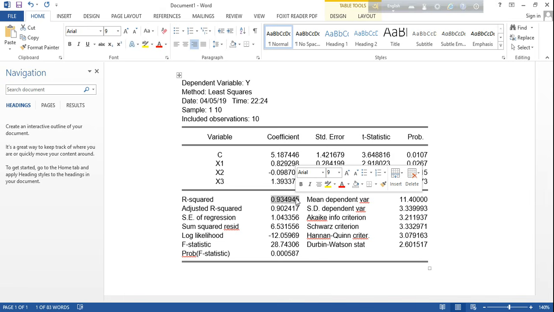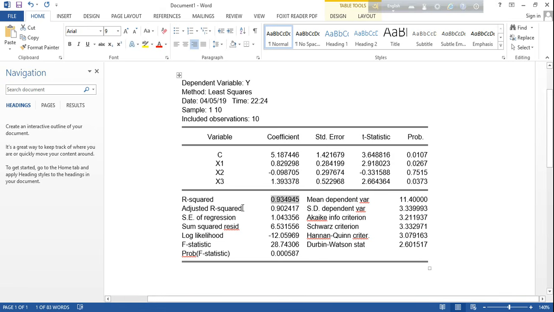On the other hand, if we consider adjusted r squared, then we can say the independent variables cumulatively determine 90.2417% of the dependent variable.